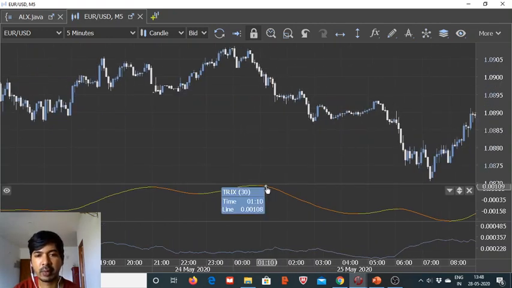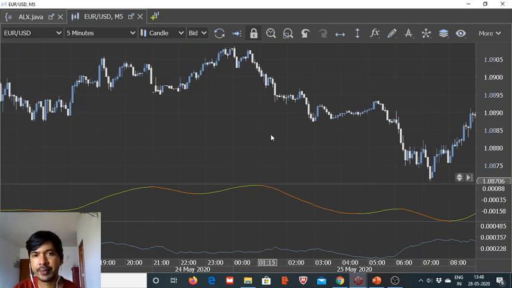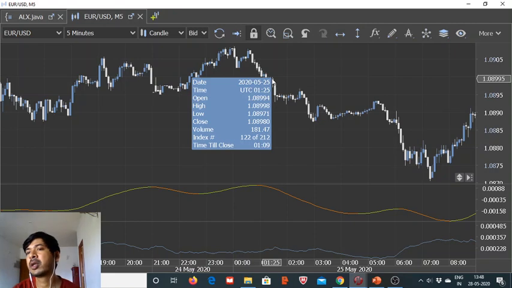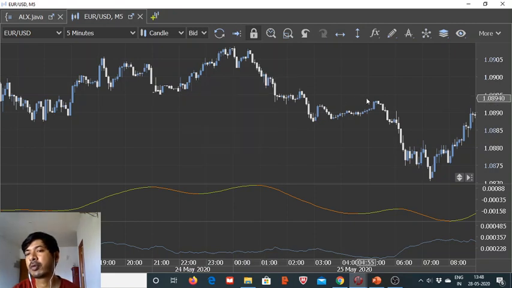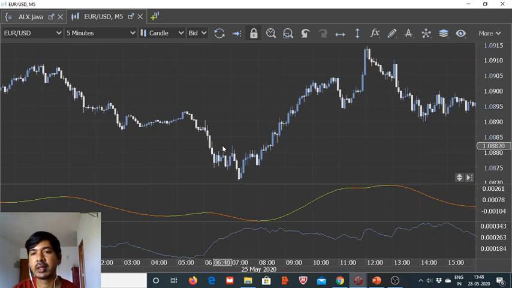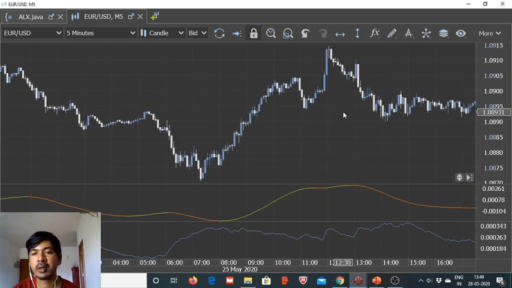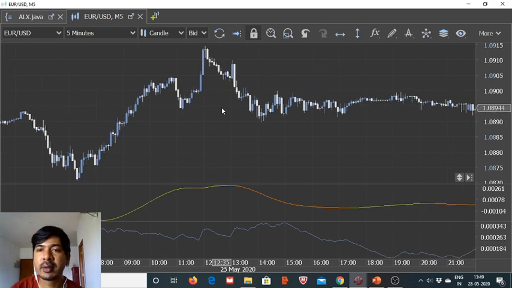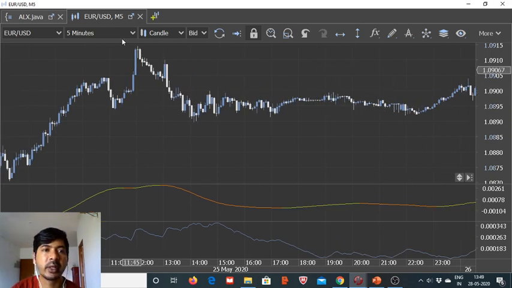Somewhere here we might have been able to go for a short sell trade, and that would have gone in profit for around 20-25 pips, and then the momentum shifts, and then here I think by that time even the hourly momentum has changed and it is no longer in sell territory. So that's on the sell side.